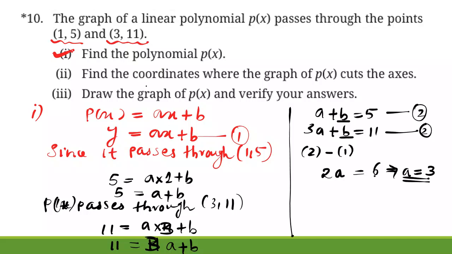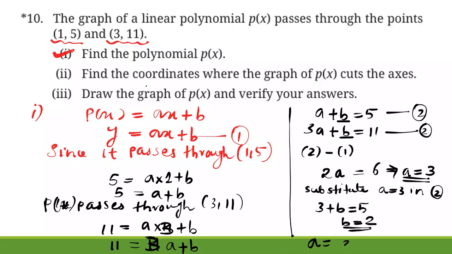If a is equal to 3, you can substitute a equal to 3 in equation number 2. So you will get 3 plus b is equal to 5, so that b is equal to 5 minus 3, which is equal to 2. So you got a is equal to 3 and b is equal to 2.